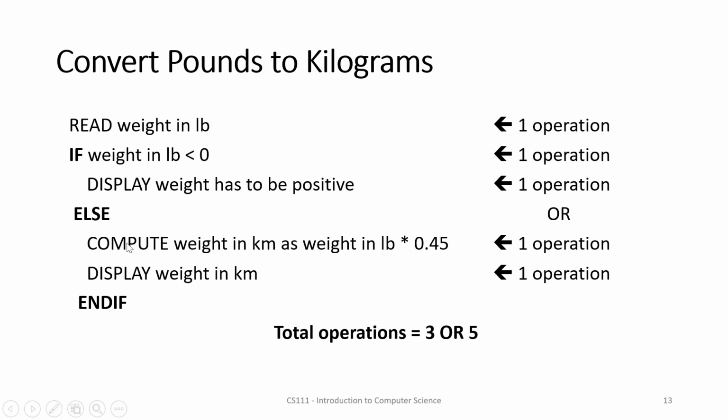If it does this, it's not going to do these two. So it could be 3 operations, or it could do the read and compare, and if it's false, you will go here and do these two. So it'll be three or four operations. So this should be 4.